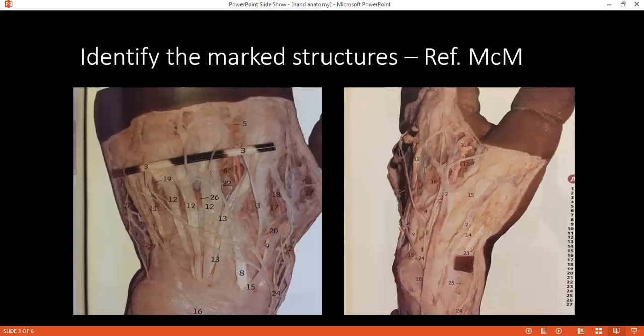So how many tendons are passing below the extensor retinaculum? How many? I don't know actually. And how many canals are there? I don't know. Do all tendons have their separate synovial sheath in which they are passing, or are they all passing together in one?